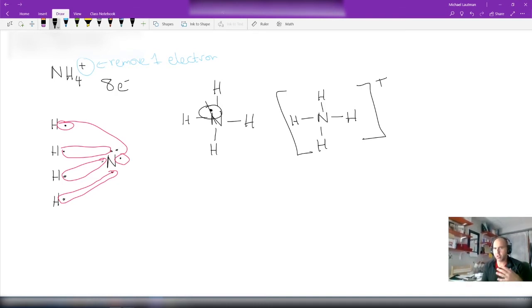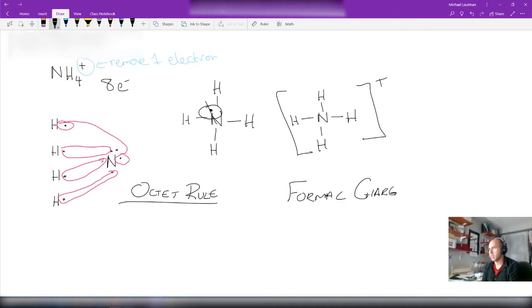There are 2 different types of things that we have to count when we're dealing with Lewis diagrams. We have to count for what's called the octet rule, and we have to count formal charge. Most of the time, the octet rule is the make or break rule about whether we can evaluate a Lewis diagram.